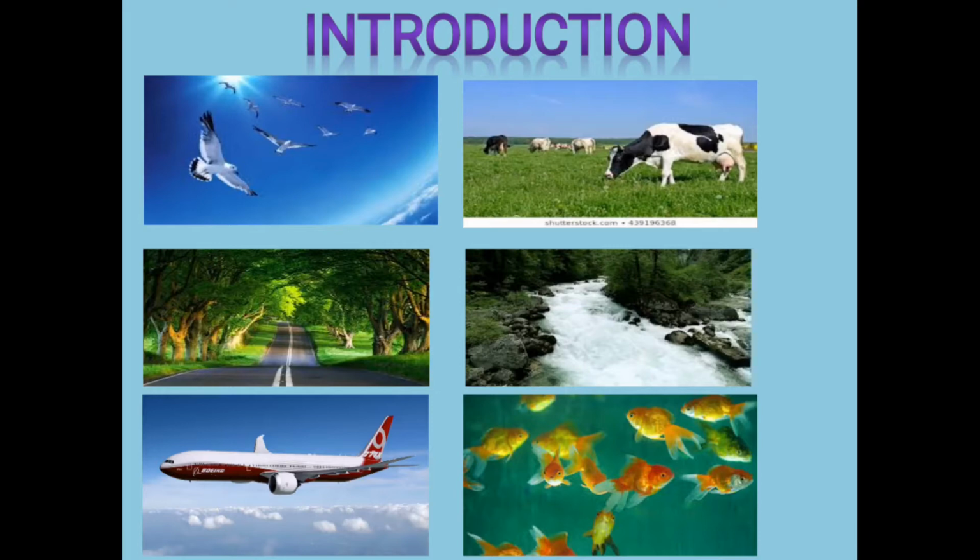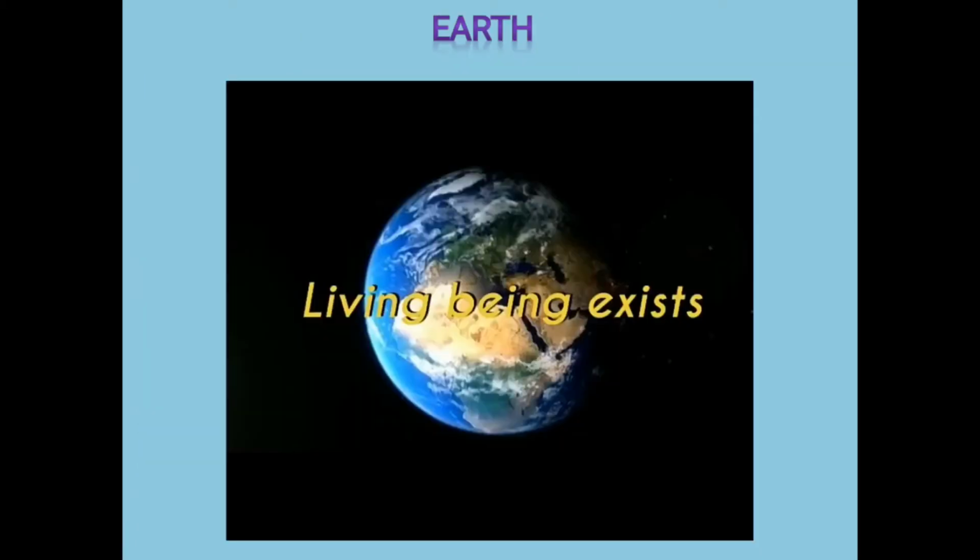Students, from the above activity, we come to know that some things in the picture are in water, some things are on the land, and some things are in the sky, that is, in the air. So we can say that all the things on the earth are associated with air, water and land.